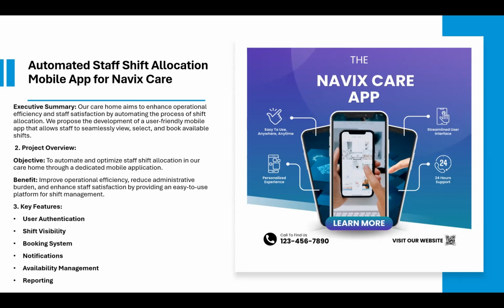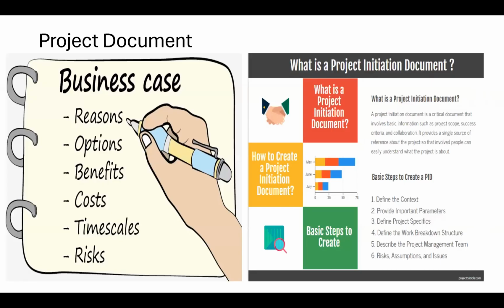There are some other things that are not here. So look at these 3 items that are here: executive summary, project overview, which has the objective, the benefits, and the key features. From this, now, look at the business case. A business case is supposed to have the reason, the options, the benefits, the costs, the timelines, and the risk.